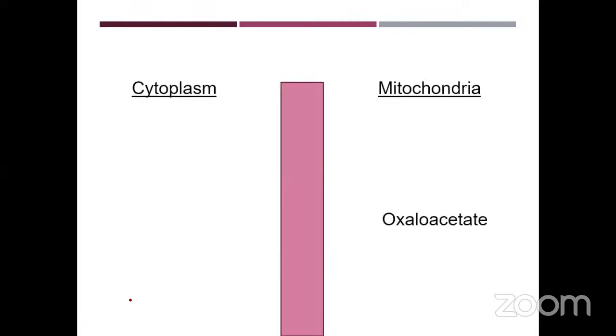Pyruvate is converted to oxaloacetate by pyruvate carboxylase, a biotin-dependent carboxylation.